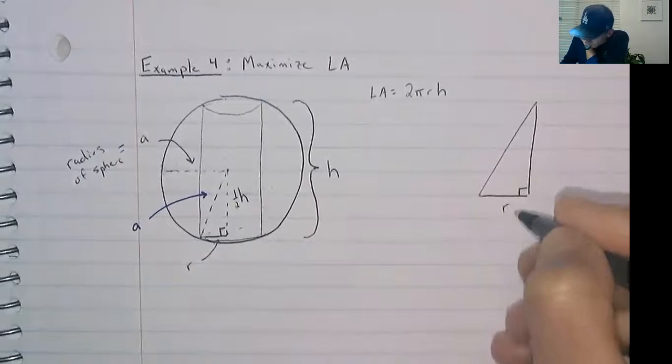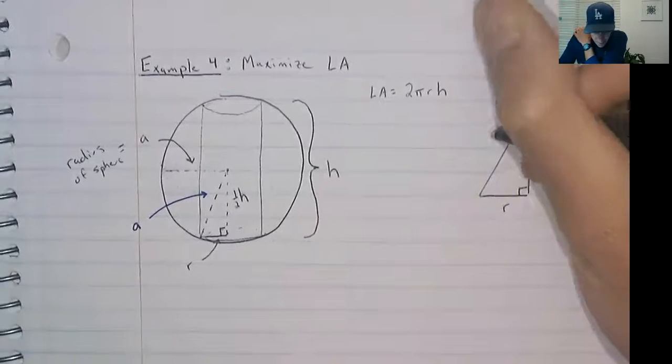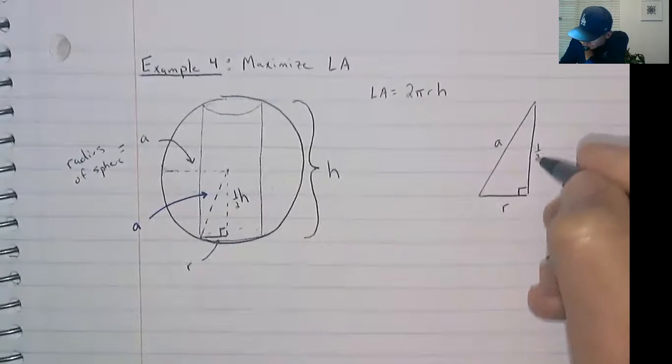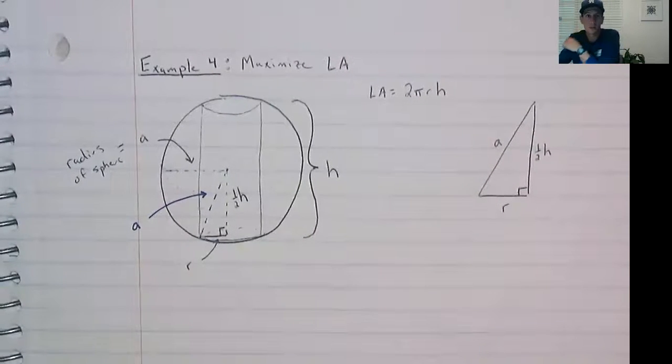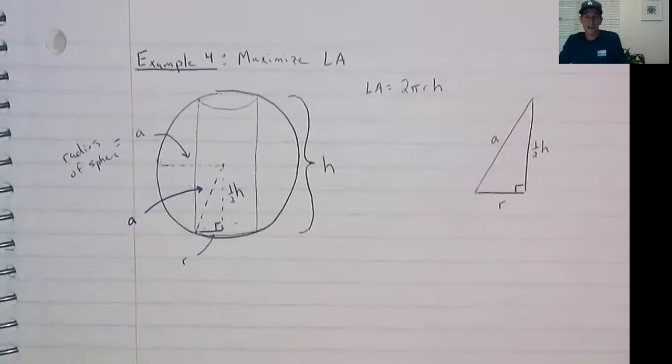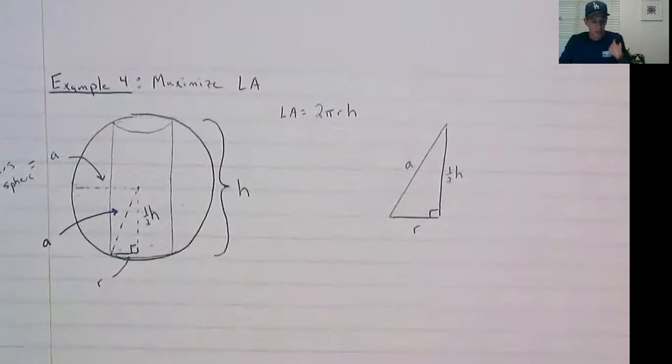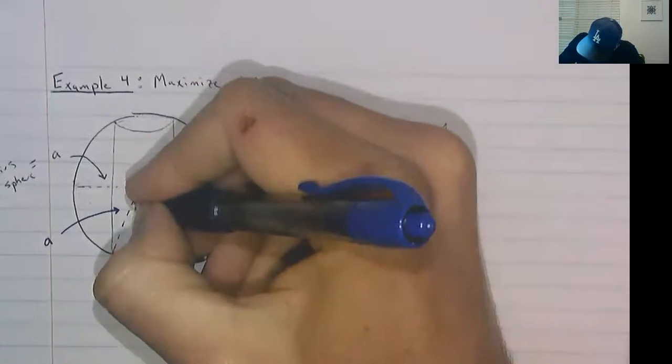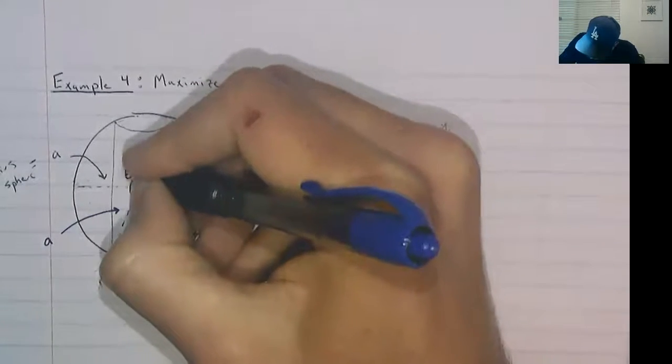This is R, the radius of our cylinder. This is A, the radius of our sphere. And this is half H. And before we get all crazy, like, oh, Pythagoras, that could get nasty real quick, let's recognize that there's actually an angle in here. We're going to call it theta.